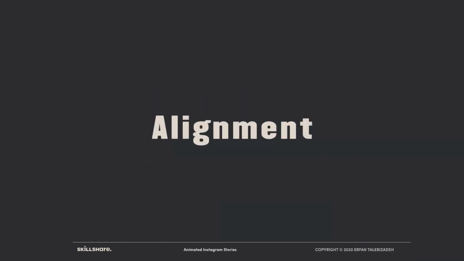Let's talk about alignment. This principle is mostly used with text, although depending on the picture you are creating, there are plenty of other uses for it. Alignment helps guide the eye towards what the audience needs to look at first, second, or third.